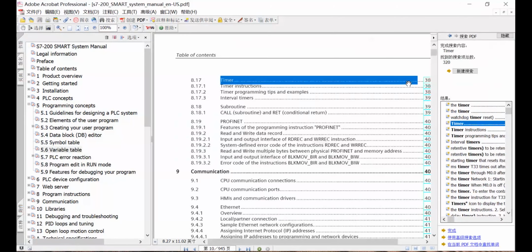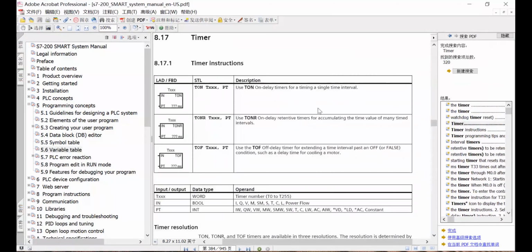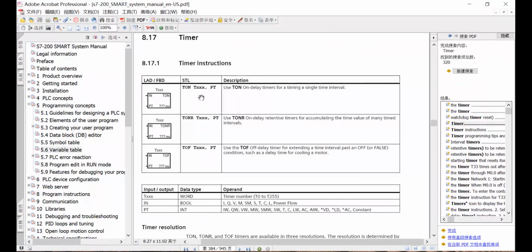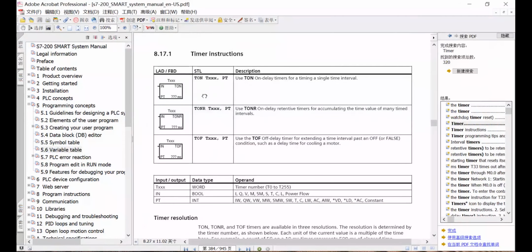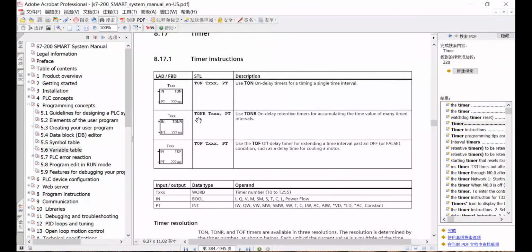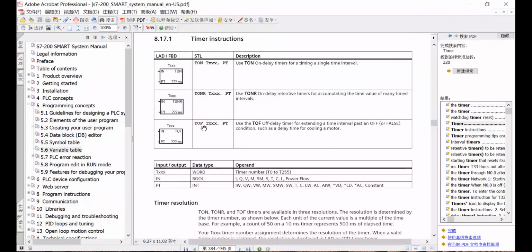Okay, this one is the timer. After this class, you must read this file about the timer. The timer includes the type TON, the type TONR, and the type TOF.